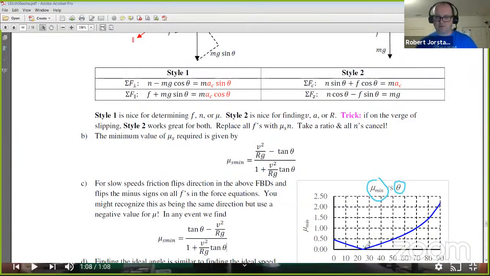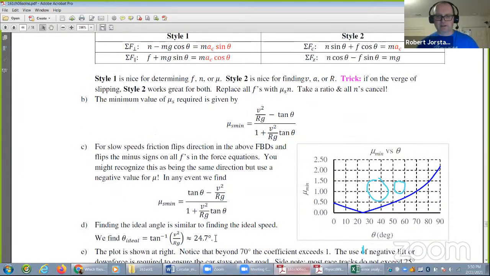Notice, what does this tell you right here? It looks like this must be some ideal angle because you don't need any friction right at about 25 degrees. So you could go ahead and do that one, and I ask you to do that. Basically, you'd set friction equal to 0 and then solve for theta.